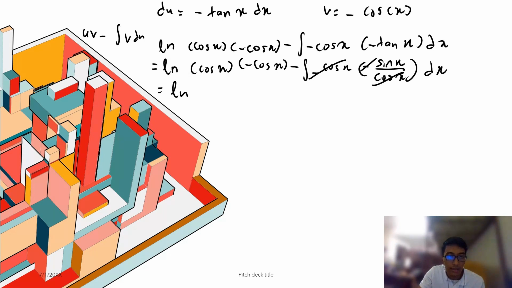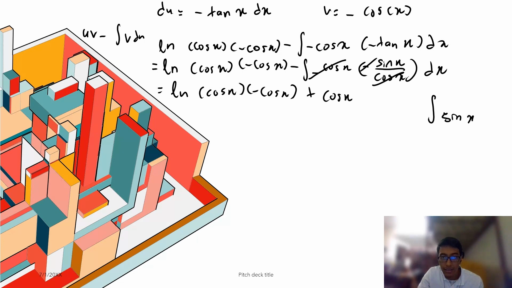So our answer is ln cos x negative cos x plus cos x, because from this integral of sin x, integral negative sin x, the answer is negative cos x.